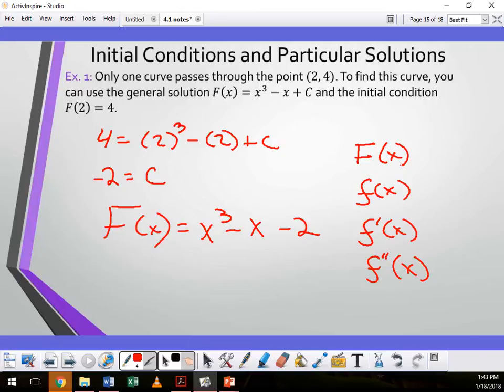When we're doing this, it's talking about the area under a curve. So the area under the position function is going to be the distance traveled.